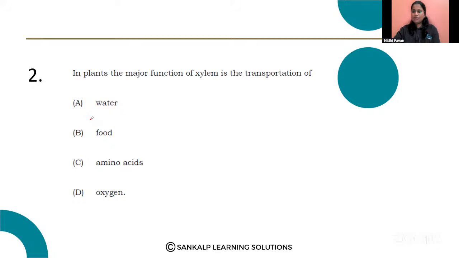Be fast. Many of you answered option A. Very good. So the role of xylem is to transport water.